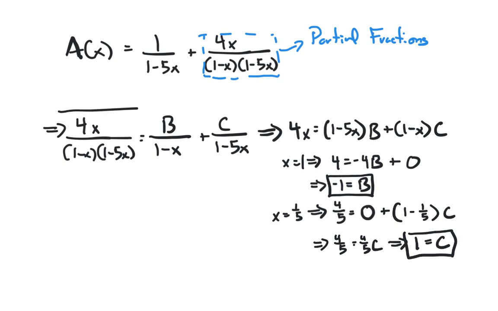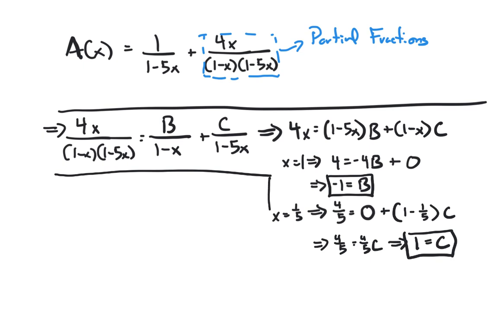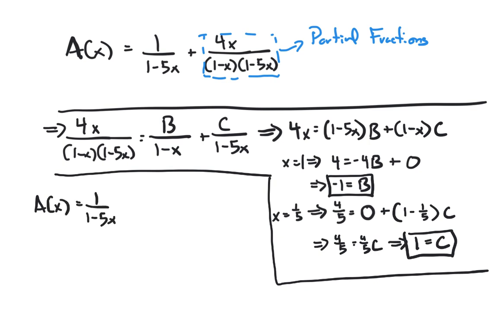So after our partial fraction decomposition, we can indeed finish this off quite easily. So we know a of x now is 1 over 1 minus 5x plus, and then rather than putting this combined expression, we'll use its partial fraction decomposition.